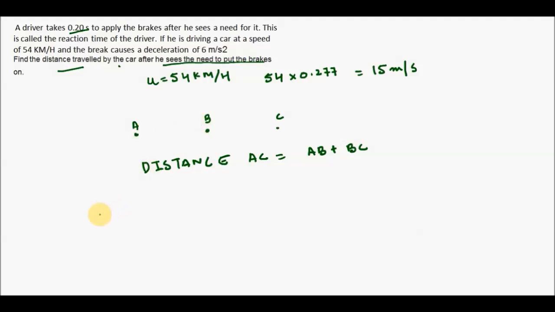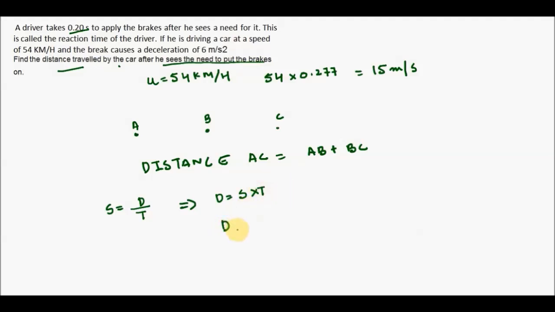Now, since the car was driving with a speed of 15 meters per second, from our definition of distance, we know that speed is simply distance by time taken, and from this I'll get distance is nothing but speed into time.